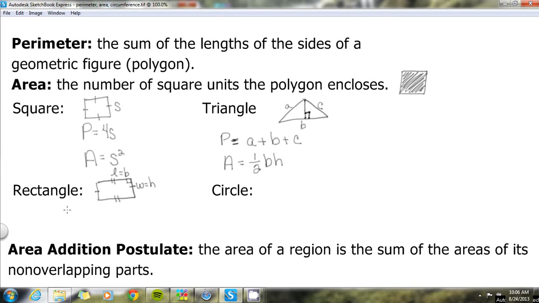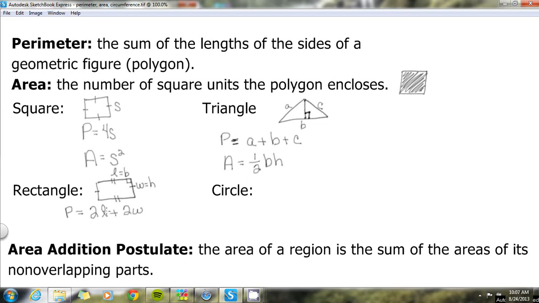So for the perimeter of a rectangle, we would do length plus length, which is 2 times length, plus width plus width, which is 2 times width. So we've got 2 times the length plus 2 times the width.